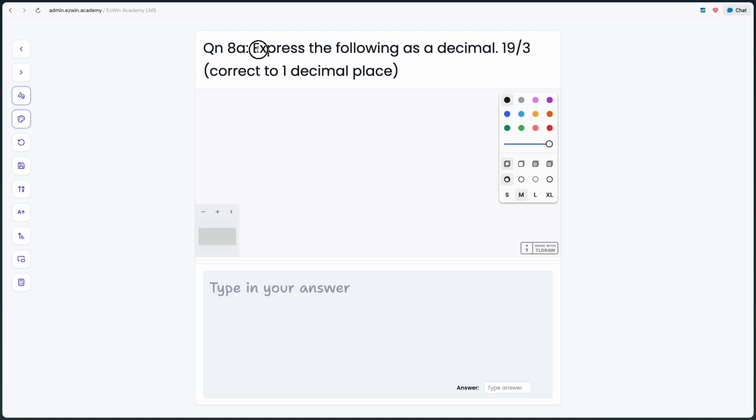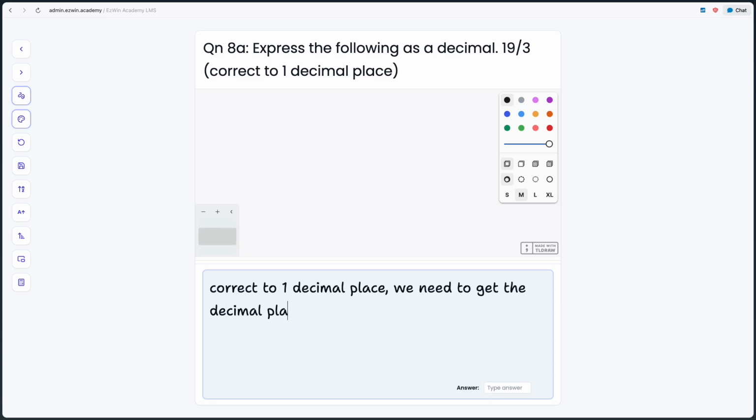Question 8a, express the following as a decimal. 19 out of 3, correct to 1 decimal place. So when it says correct to 1 decimal place, we need to get the number to 2 decimal places first, then round according to the second decimal place.